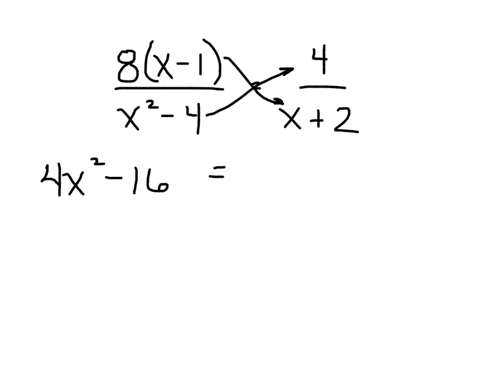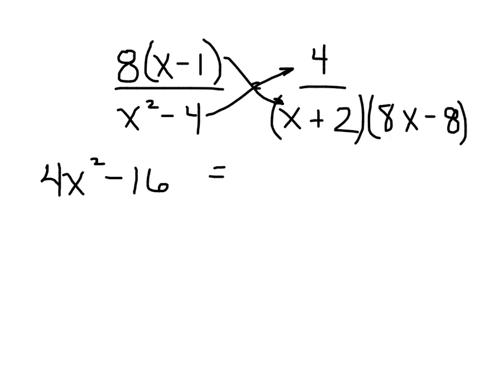What's 8 times x minus 1 times x plus 2? What do you got to do? You have to distribute the twos. Okay, if I distribute the 8, that's saying 8 times x minus 8 times by x plus 2.